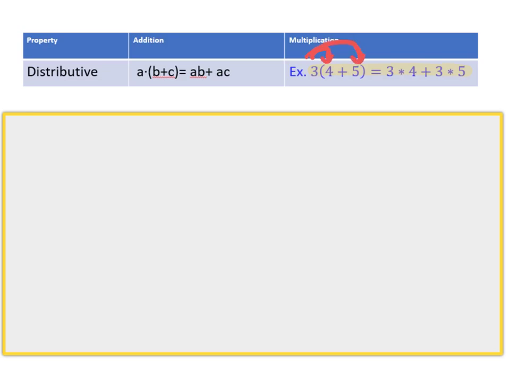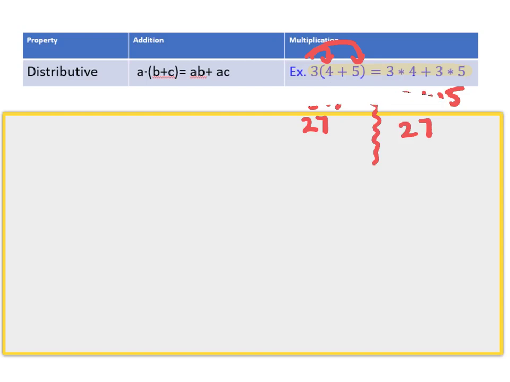Now, if we do this out separately over here, it will become 3 times 4 plus 5, which is 9. So it would give you 27. If we simplify the other half of this, 3 times 4 gives you 12, and 3 times 5 gives you 15. And 12 plus 15 gives you 27, showing that these properties maintain.